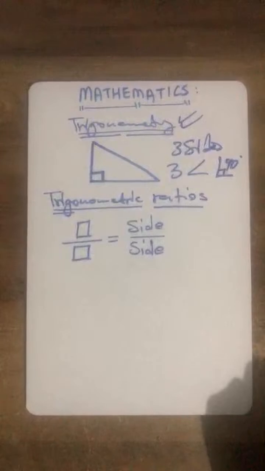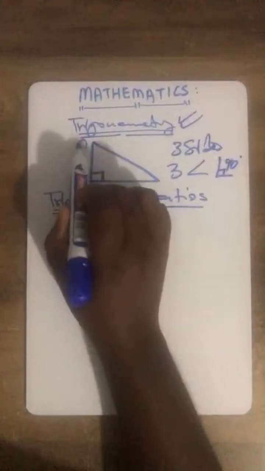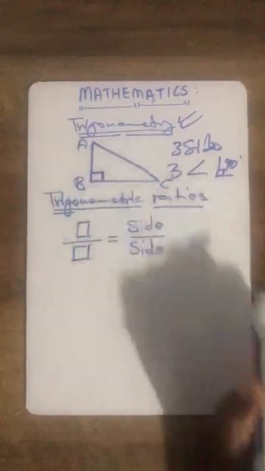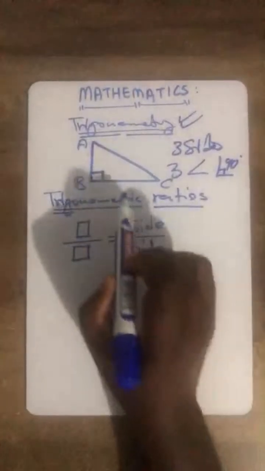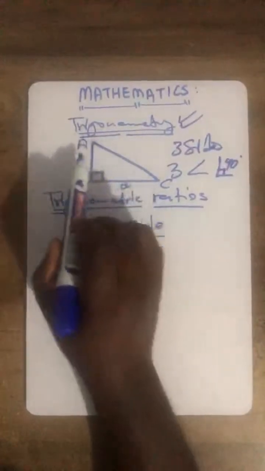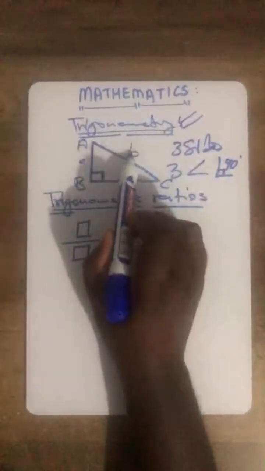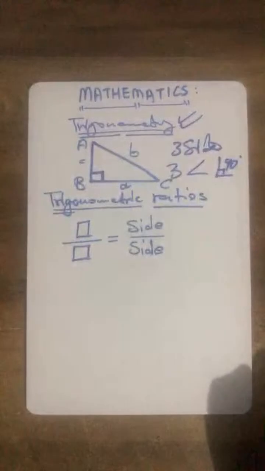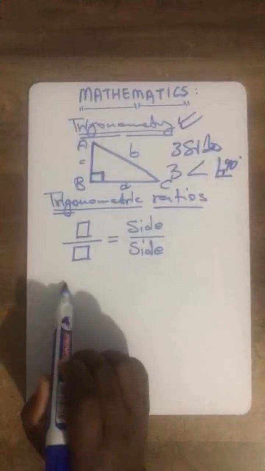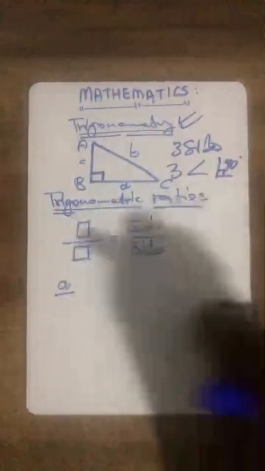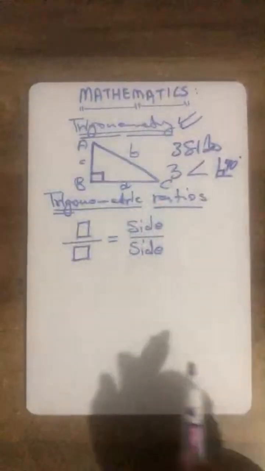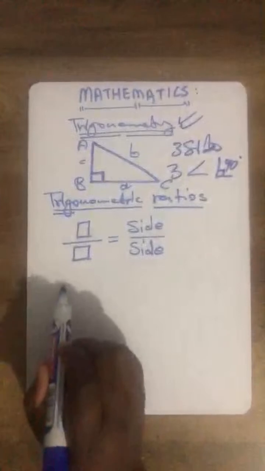Maybe let me give an example, honorable members. Let's say that is point A, this is B, and then that is C. By now, you know that this is going to be small letter a, this one is going to be small letter c, that one is going to be small letter b. So what I'm saying is that you can have side a being divided by, let's say, side c.